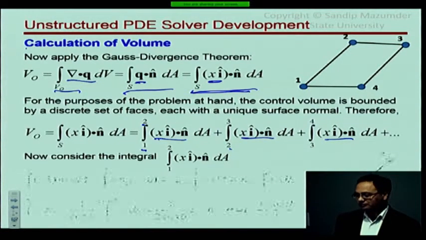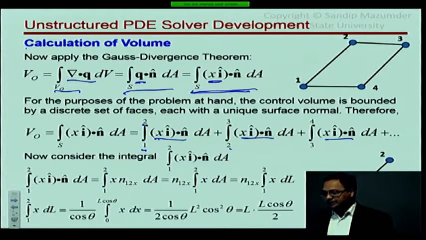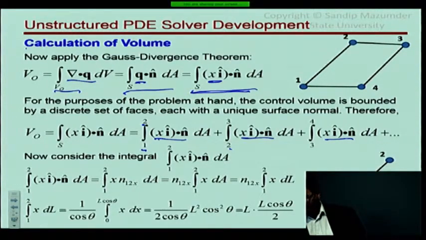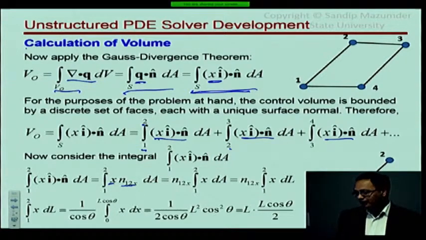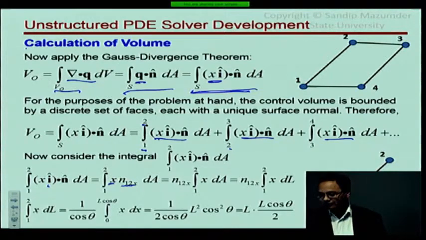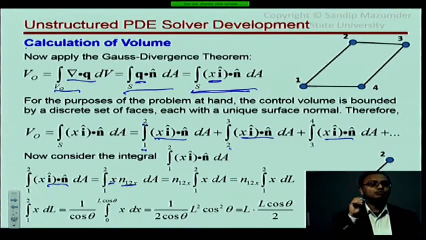Okay. So x i dot n is nothing but x times n12 x, the x component of that. The subscript 1, 2 is simply saying it is for the edge 1, 2, and the subscript x is saying it's the x component, because i dot n gives you the x component of the surface normal. Okay.